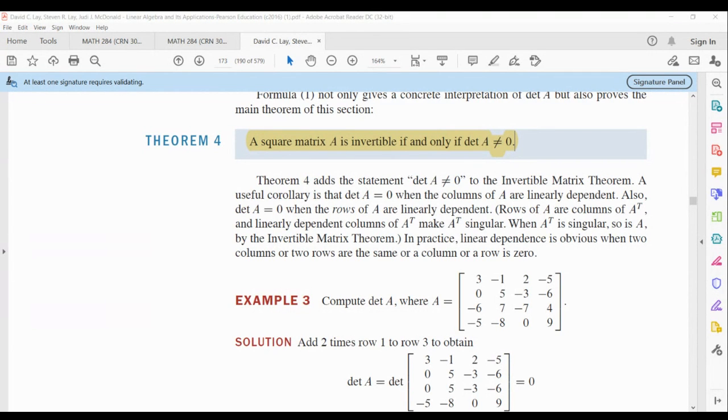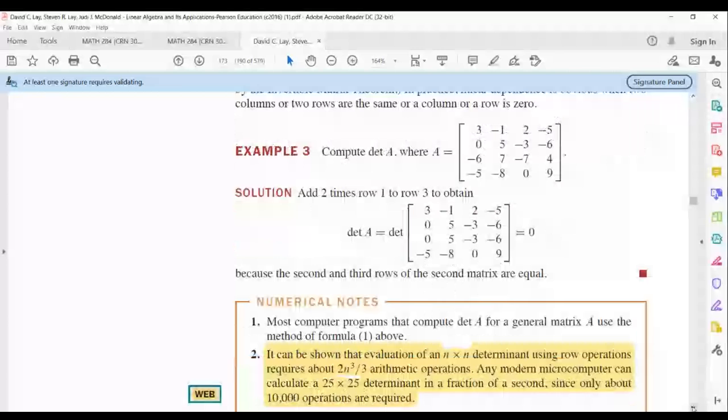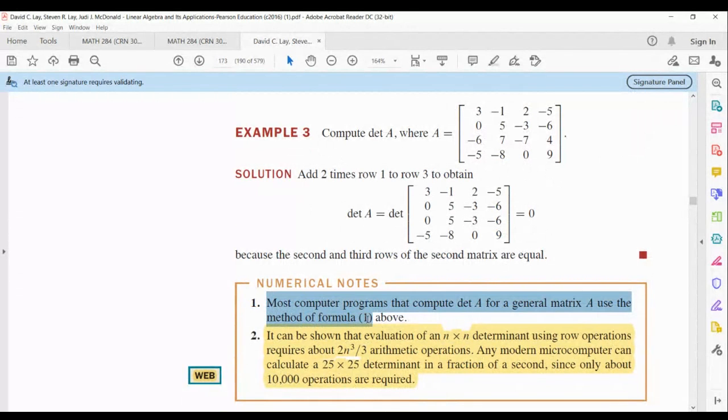In that formula, you have as part of the formula 1 over the determinant of A for a 2 by 2 matrix. And so if that determinant of A is 0, then you'd have 1 over 0 and you'd have a non-invertible matrix. I mean, if you want to kind of think of a little example to help you feel comfortable with that.